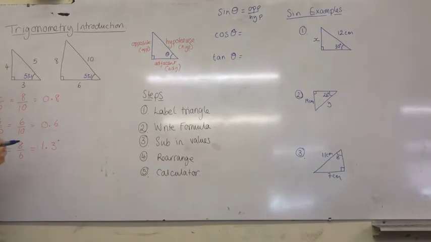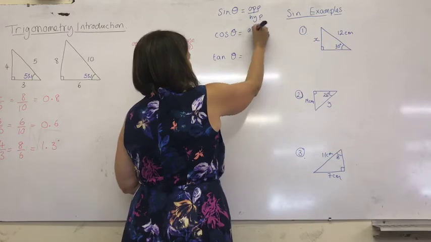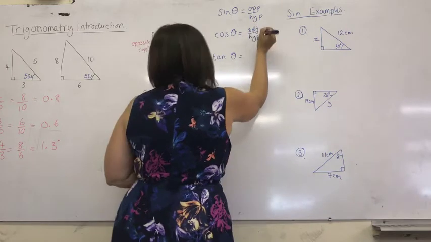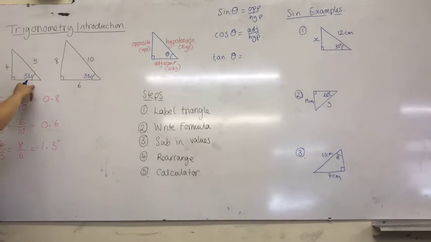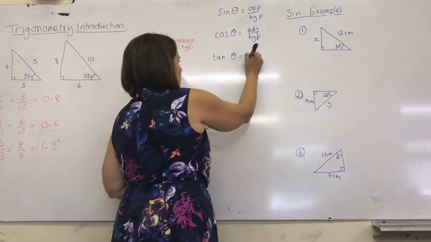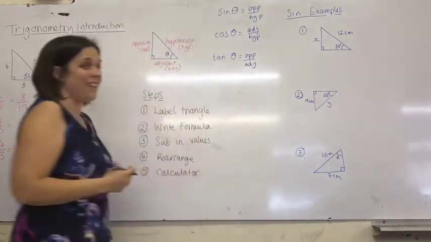Cosine is this one, so that was the one next to it, divided by the hypotenuse, so that's the adjacent. And tan is the opposite divided by the adjacent. Okay, and that is it.